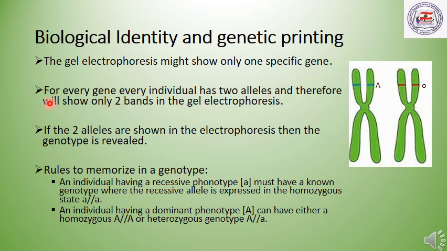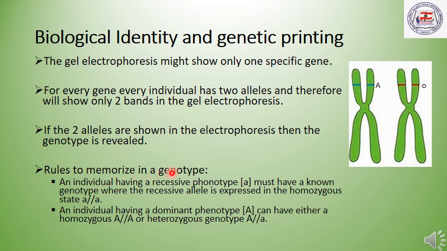Therefore, gel electrophoresis is going to show only 2 bands indicating 2 alleles of a specific gene. If the 2 alleles are shown in the gel electrophoresis, then the genotype can be easily revealed.